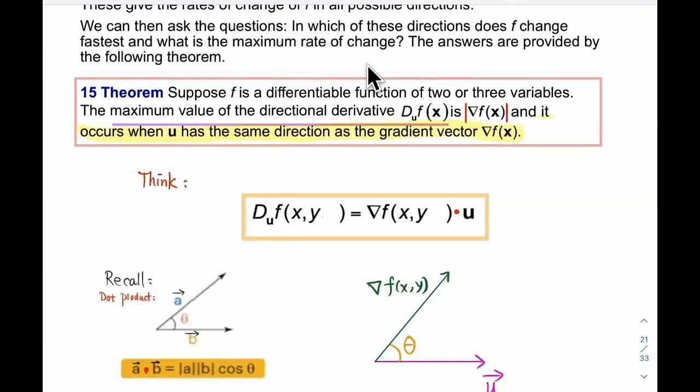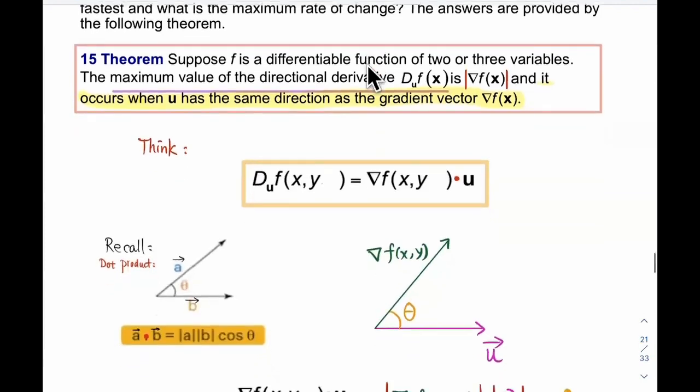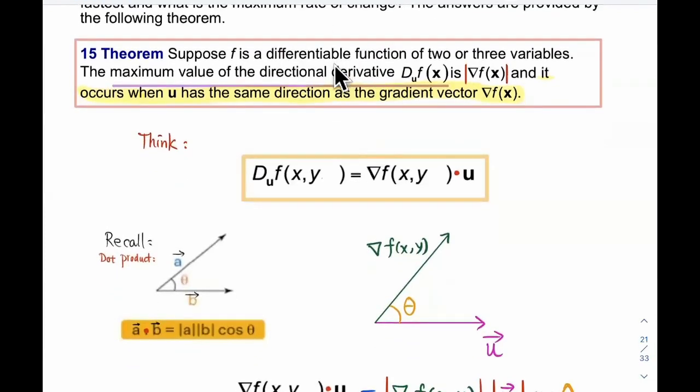The answer is provided by this theorem over here. What does this one say? Suppose the function is a differentiable function of 2 or 3 variables. The maximum value of this directional derivative is the absolute value of the gradient. So basically, it's just the magnitude of the gradient.